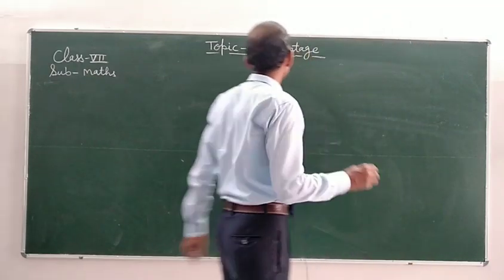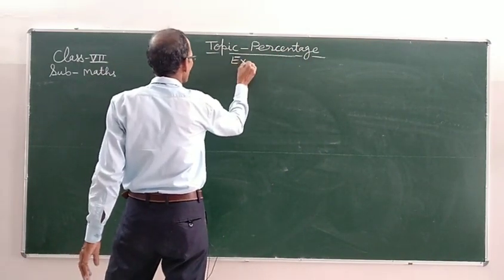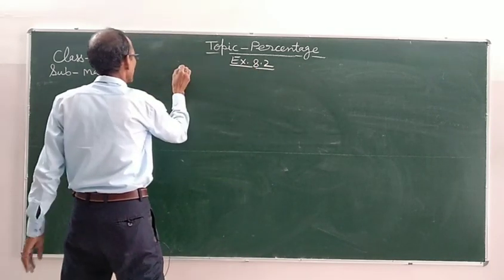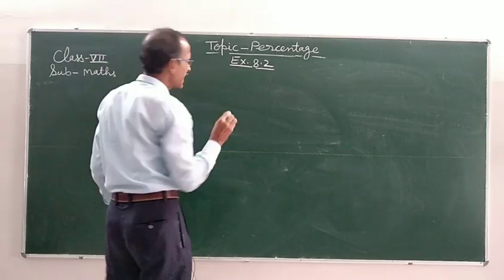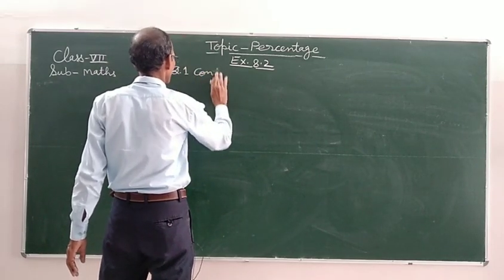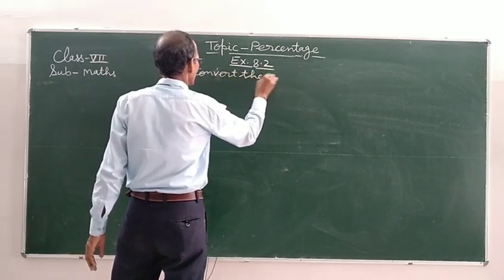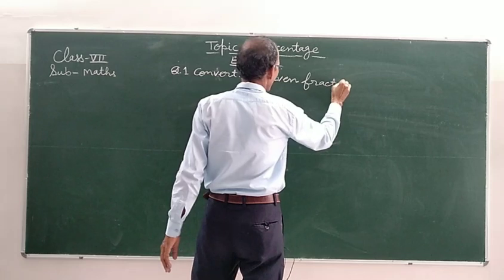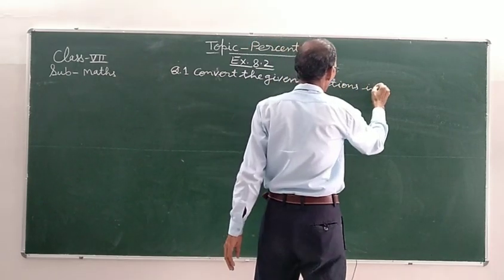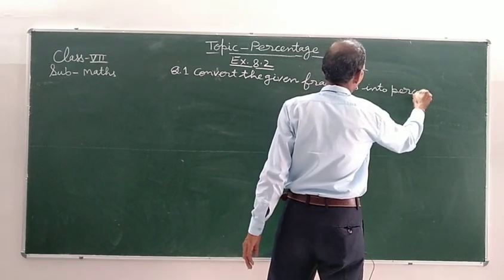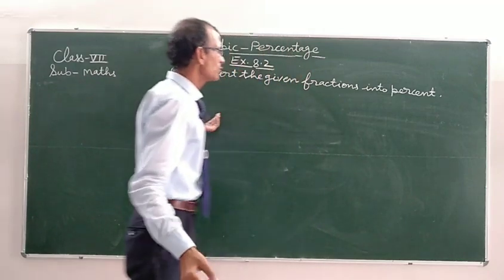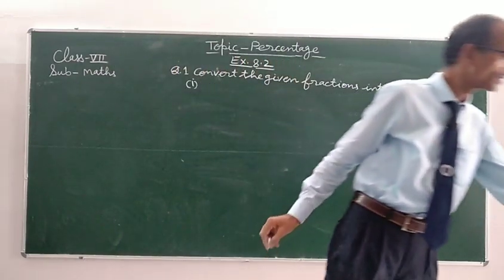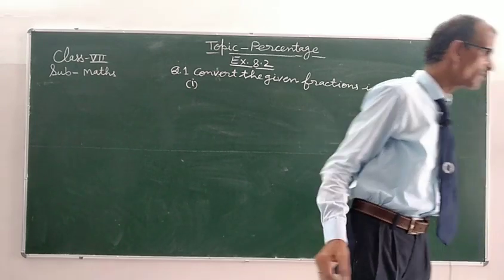The first part is 1 upon 8 and the second is 5 upon 4.